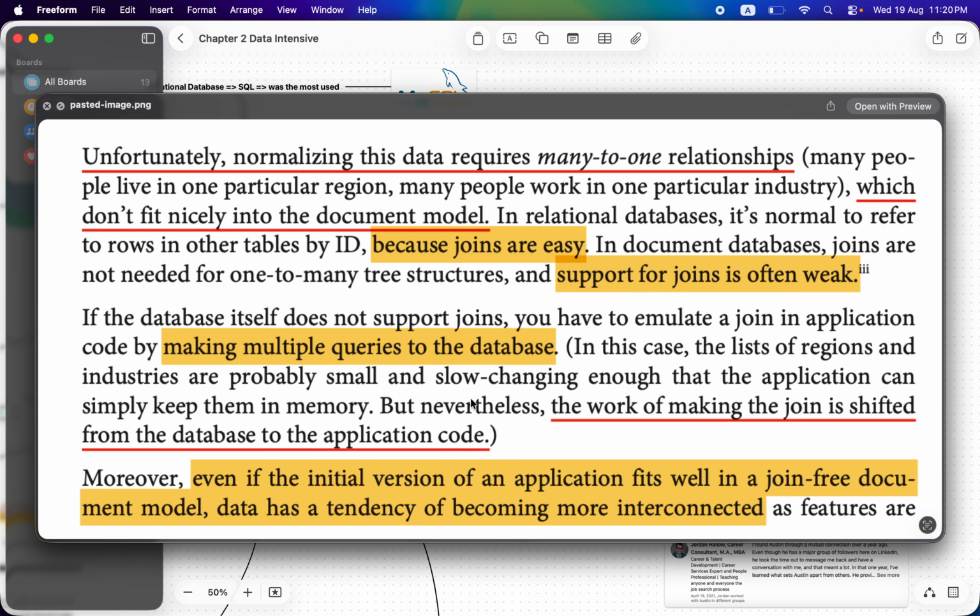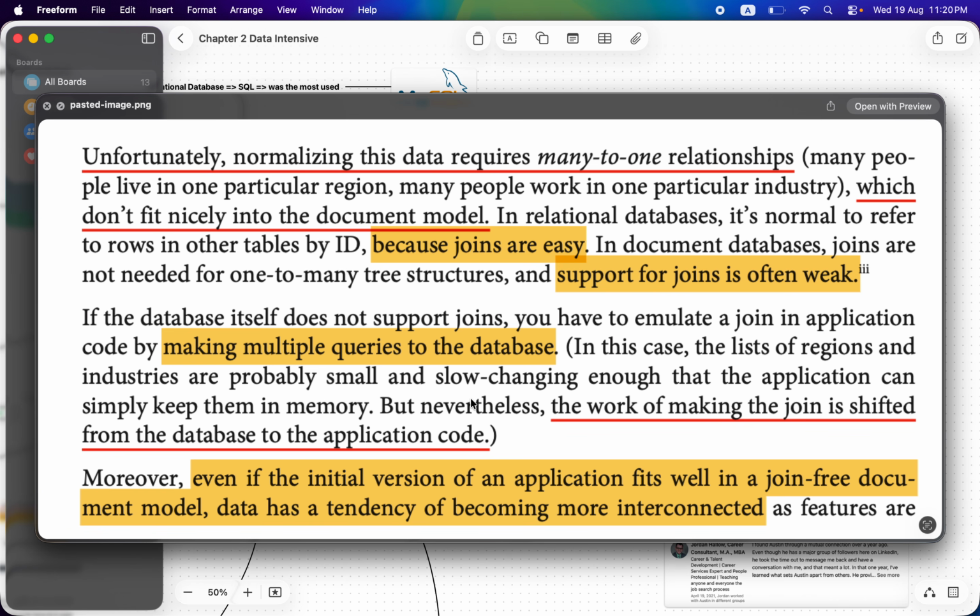Okay, I'm not sure if they don't really support joins, maybe they do, but it's not as supported as in the relational models. I think it would also still be much slower compared to the relational models.